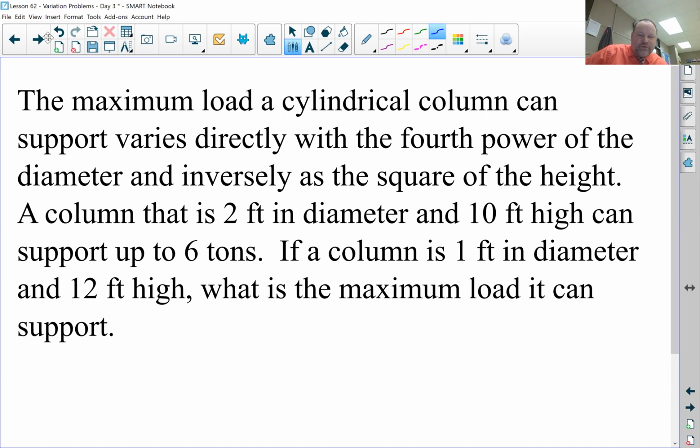If a column is 1 foot in diameter and 12 feet high, what is the maximum load it can support? I am going to give you a minute to write. So go ahead and take your time to do that. I'll get attendance taken while you do that.